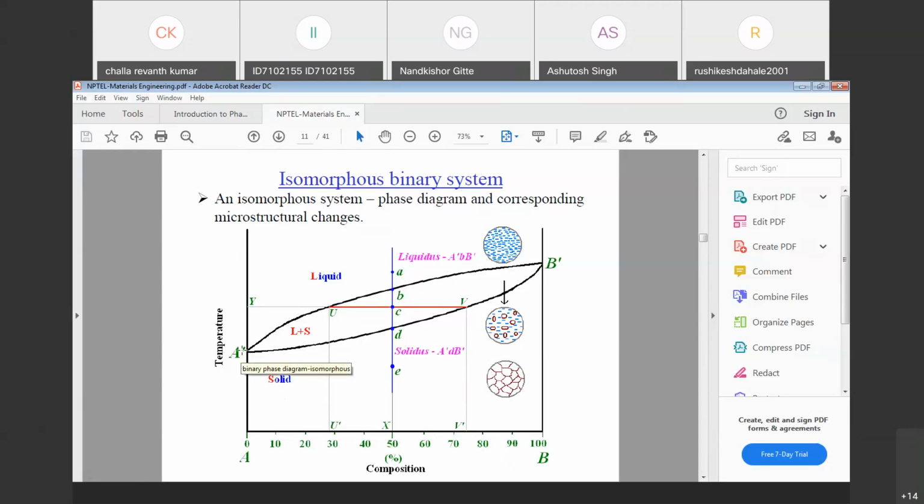Suppose this is the starting point, before giving the temperature. Think of it as a simple solid metal. You are giving temperature, heating that component. After reaching the melting point, it will start liquidification.